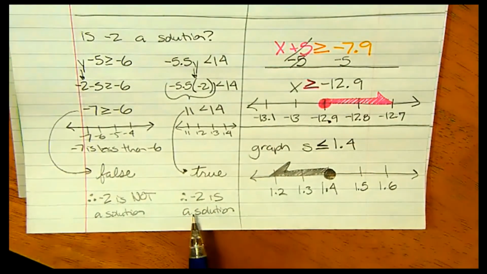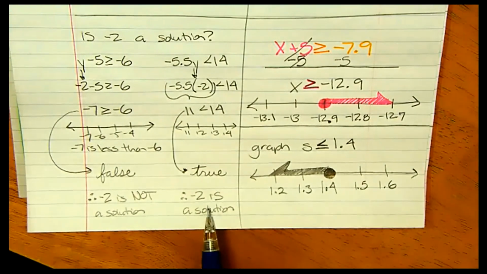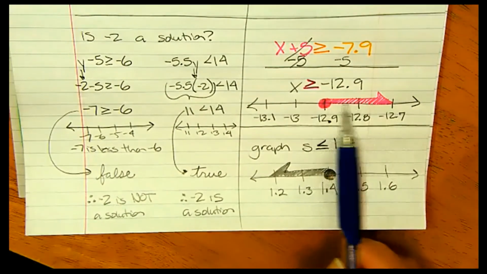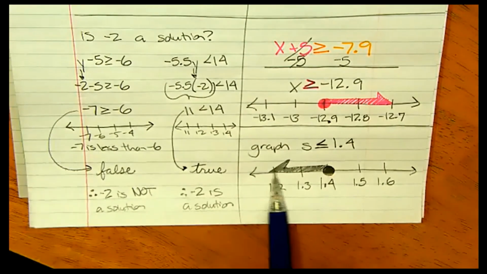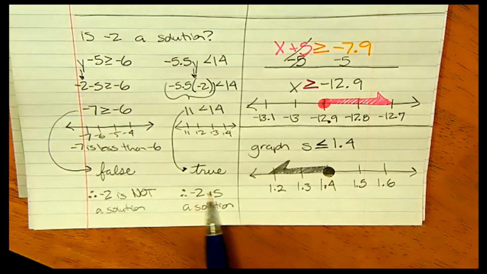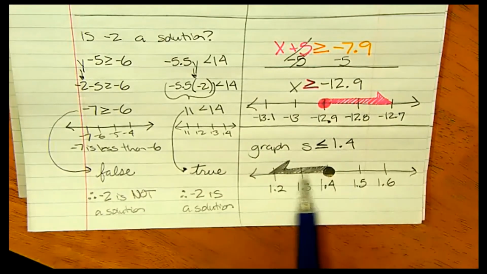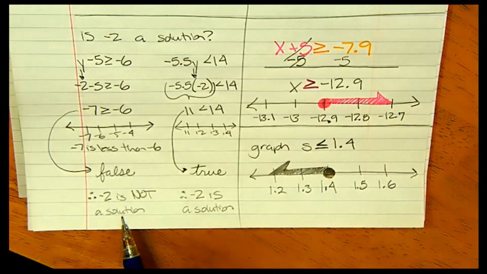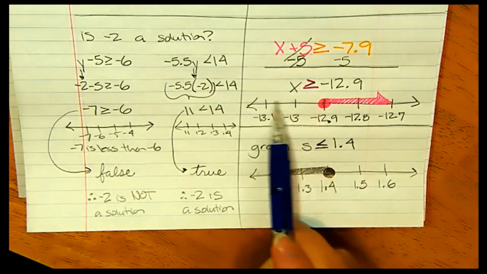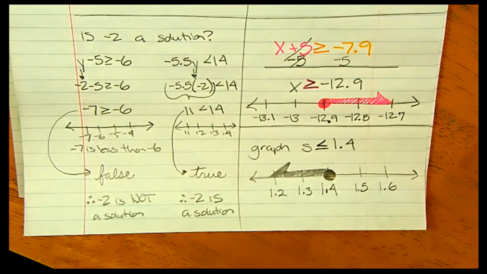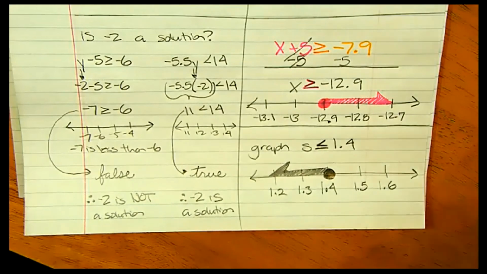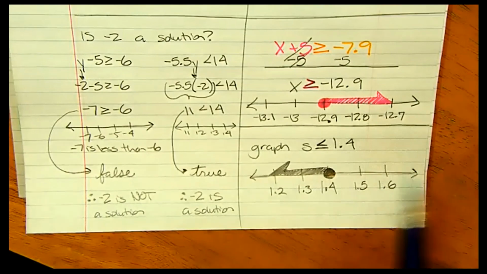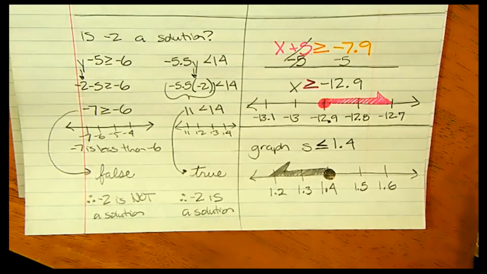So if it is a solution, it falls within the highlighted area of your graph. If it is not a solution, it is not in the highlighted area of your graph. So when we're looking at graphs, everything that's highlighted is a solution.